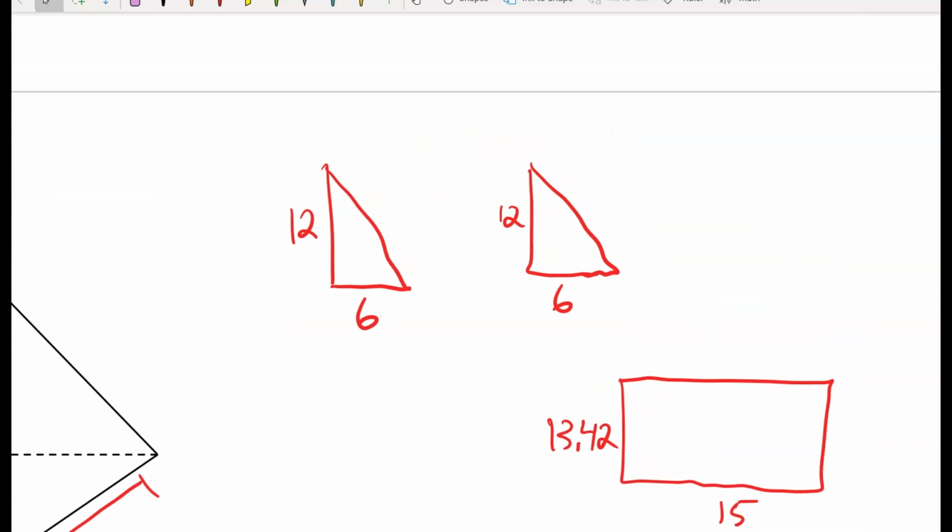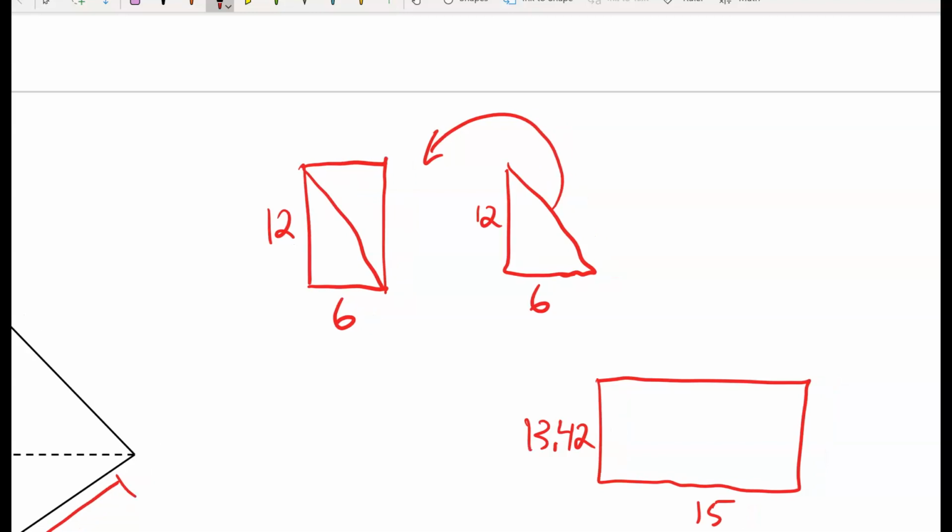When you're usually calculating for one triangle, it would be base times height divided by 2. But in this situation, because we have 2 triangles, we're not going to be dividing by 2, because if you took this, flipped it over, it would fill that in perfectly.